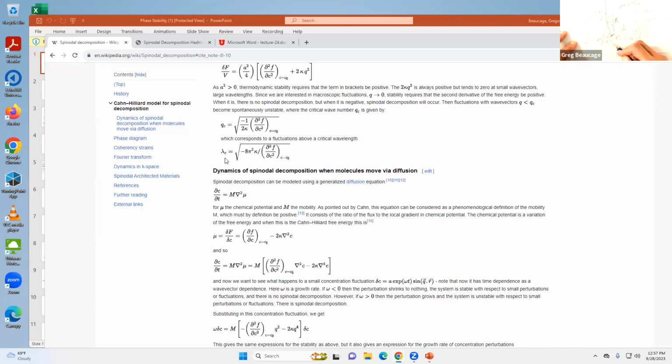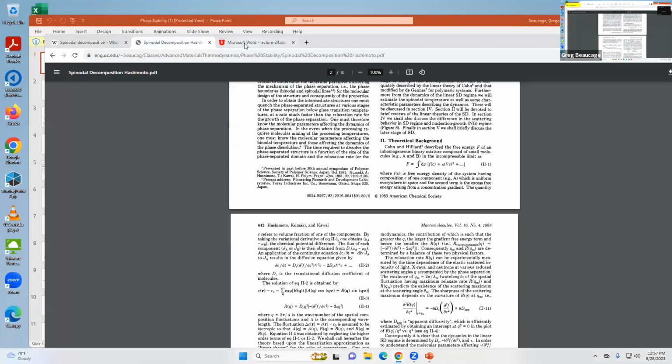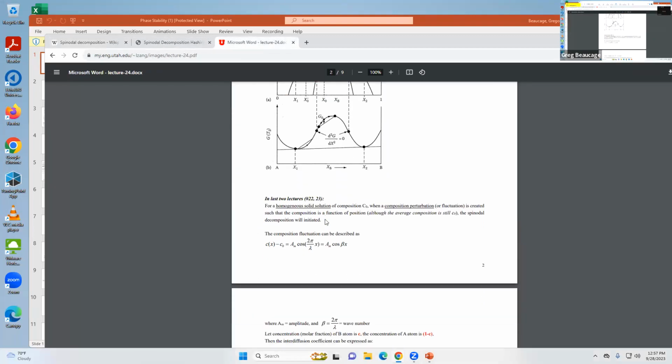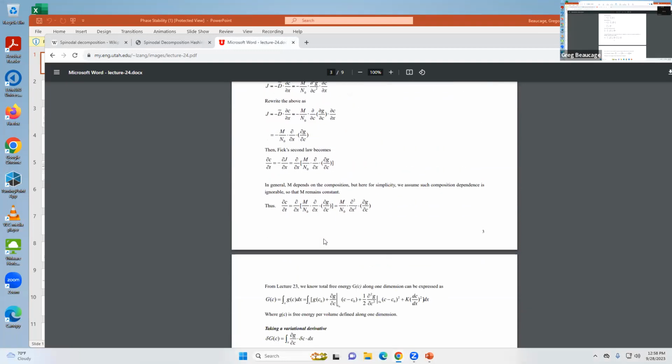d squared f / dc squared, and then delta, maybe it takes care of the units or something. I don't know. But basically, this equation comes out of nowhere as far as I can see. And you can read, if you want to see where it comes from, this guy derives it. This is lecture 24, it's derived in this thing. He derives that equation.